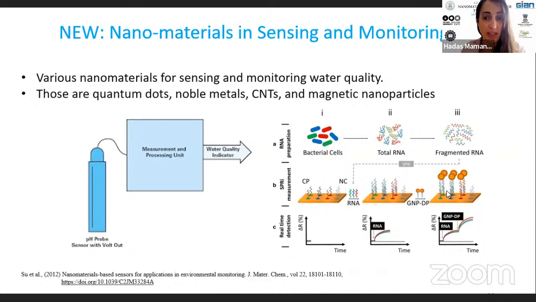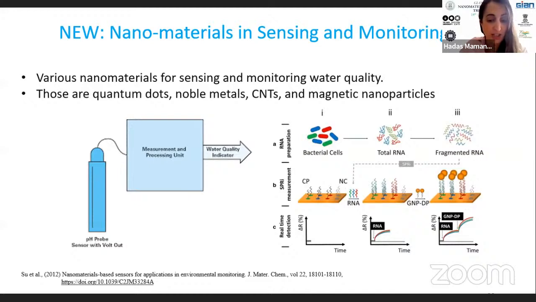So for example, if we look at this, we see here a DNA microarray that captures the DNA specific for each target. This was assembled on a surface. So this is the bacterial cells. The RNA was extracted from the cells. It was fragmented, and after that, it was assembled on a surface for resonance imaging. And the surface had gold coated nanoprisms.